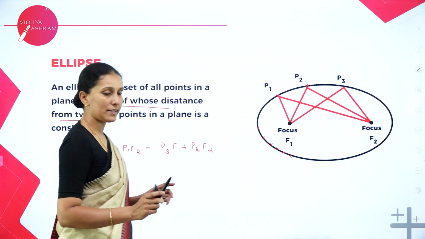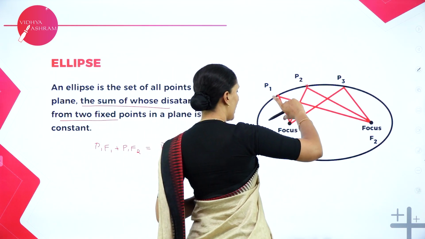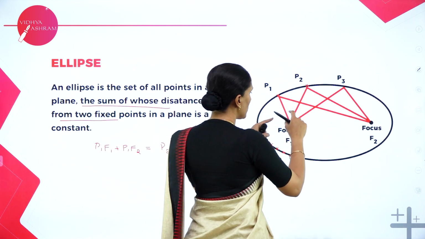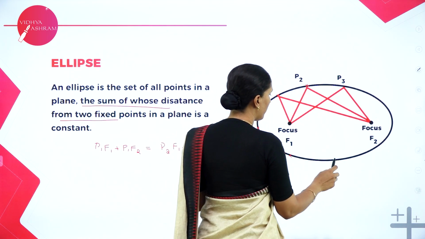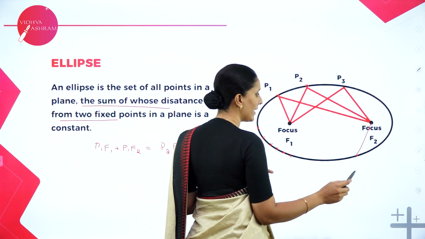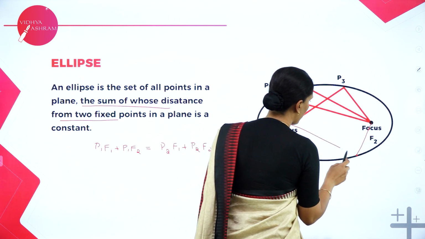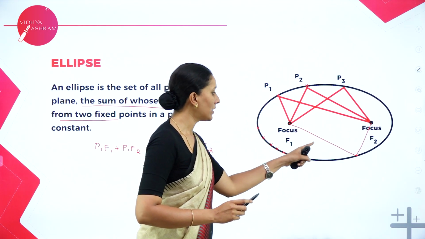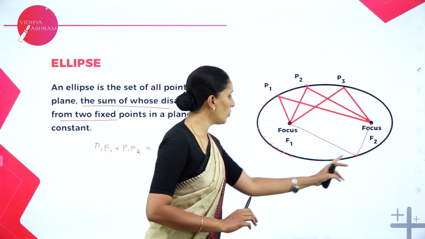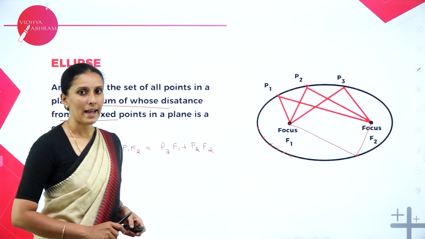The distance will be the same. Maybe the distance may decrease, and this is the maximum length here. When you take any point, suppose you take a point here, the distance from focus F2 is less, whereas the distance from focus F1 is more. But the total distance will be the same. So when you collect all those points, we'll get a curve called ellipse.